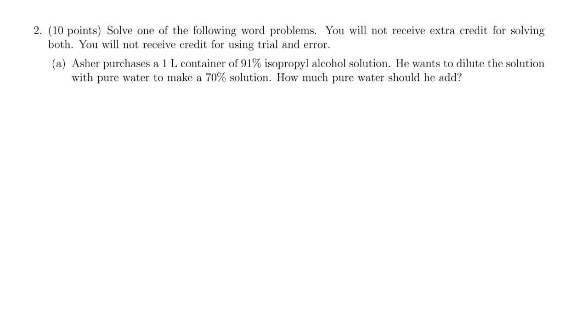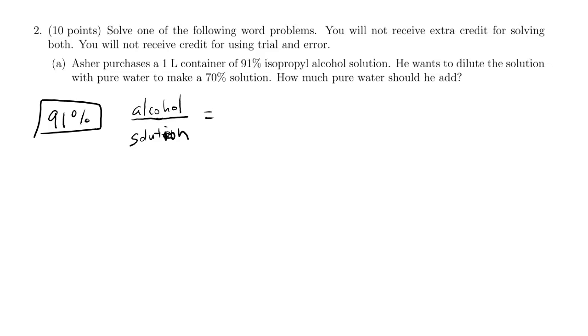And when you think about the solution strength, so when you say 91%, what does this mean? That means you have the water plus alcohol solution, the entire solution, and the ratio between the entire solution and what's dissolved in there, which is the alcohol, is equal to 91%.